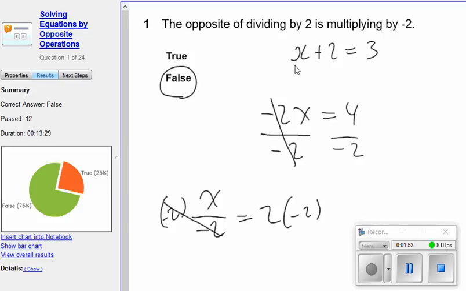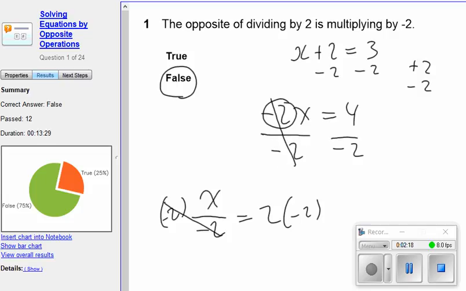If I had the equation x plus 2 equals 3. Now the opposite of adding 2 is subtracting 2. Okay, it's not subtracting a -2, or it's the opposite operation. The opposite of addition is subtraction. So the opposite of adding 2 is subtracting 2. The opposite of multiplying by -2 is dividing by -2.